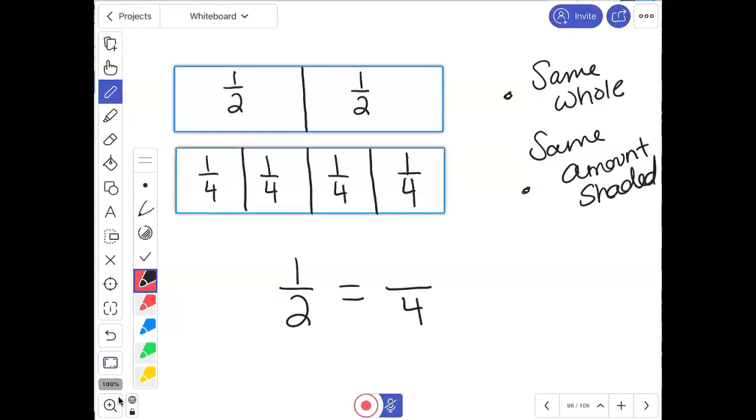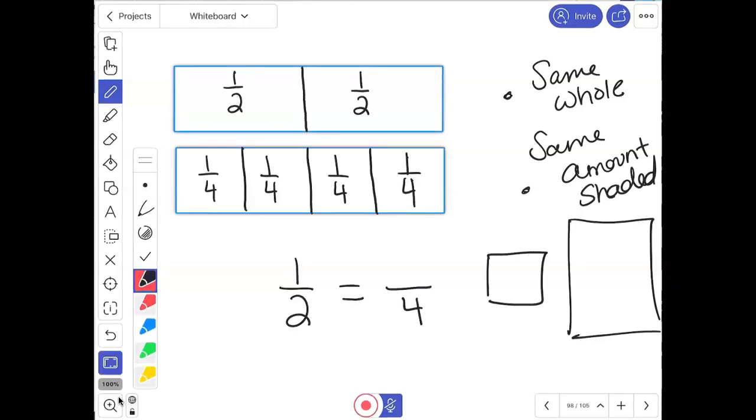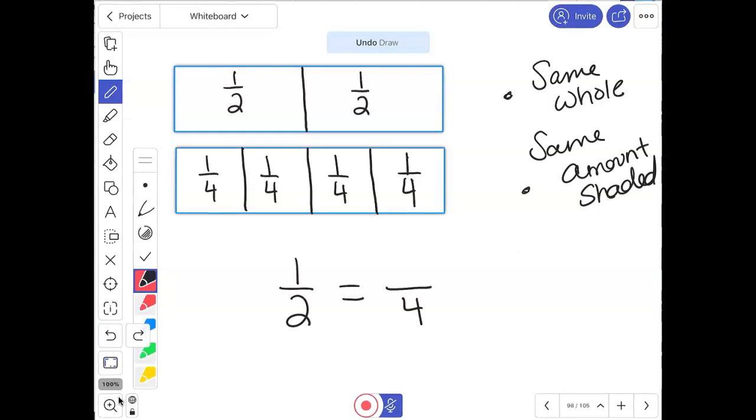What I mean by they're from the same whole is I can't find an equivalent fraction of this square and this square because they're not the same to begin with. Won't be able to find equivalence there. Let's get rid of those two inequivalent squares. Now my two rectangles, or my two fraction strips, I can find equivalent fractions within them because they're the same rectangle, and I know they are because I copied and pasted them.